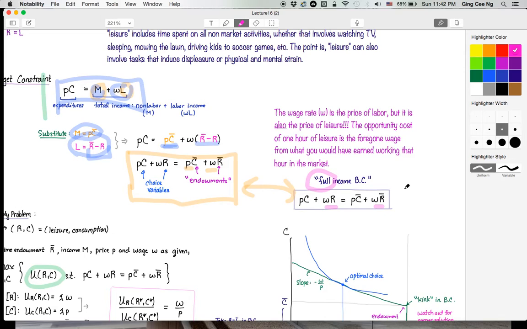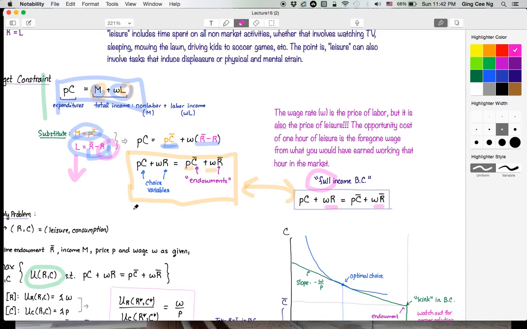In other words, any additional hour that you spend on leisure, R, is going to reduce the labor hours that you spend in the market, and that's your opportunity cost of leisure. Spend an extra hour of leisure, you lose your $8 in the market.